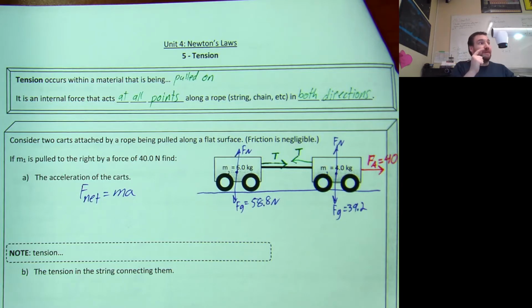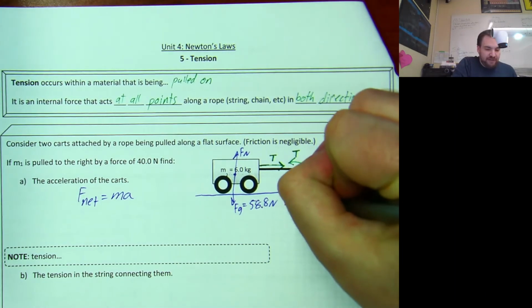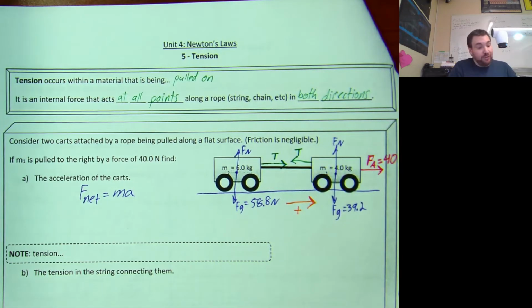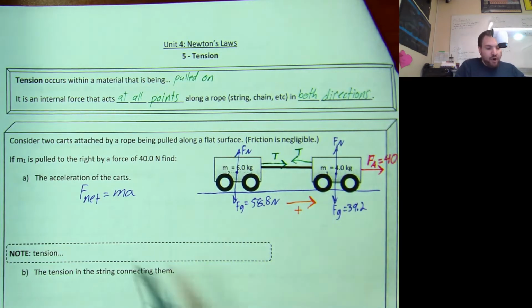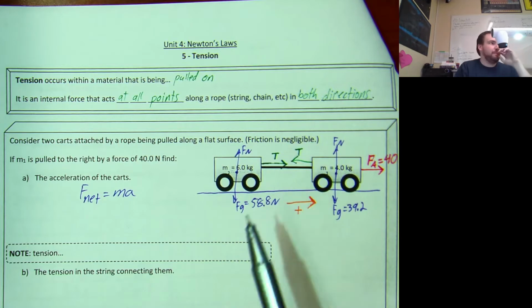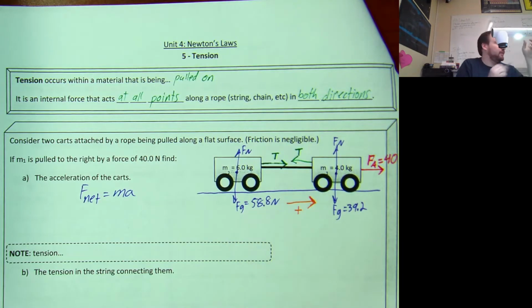Which way do we want to be positive? Naya, which way? That would be the one that makes the most sense, but we should make sure we explicitly put that in there. So that way is going to be positive. So let's take a look here. I've got my F net equals ma. What forces are acting in the plane of motion or in the direction of motion for our system? Hold on, Luis. FA and FT.